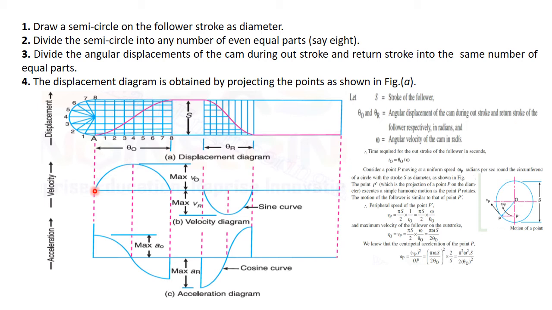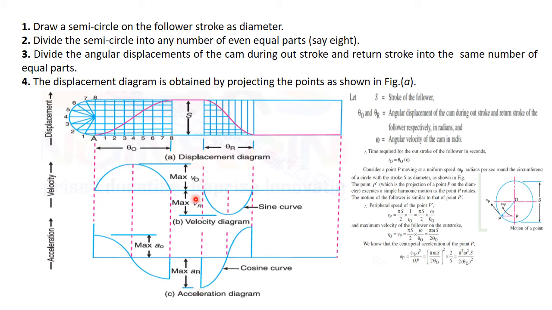Here for a short time the velocity will be 0, but at that point acceleration will be maximum. Where velocity is maximum, there acceleration will be 0. At this point velocity is 0, therefore acceleration will be maximum. The curve is in decreasing position, therefore here acceleration is maximum but the direction is negative.